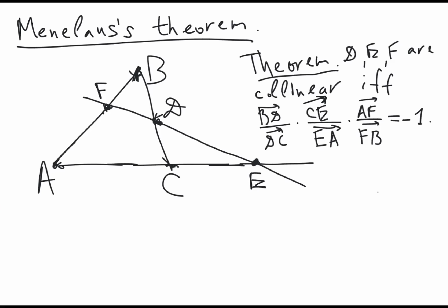Now I need to explain that, and this is again the same as in Ceva's theorem. Here we take the vectors and not just the segments. Notice that the vectors BD and DC are on the same line, so they can be either in the same direction or in the opposite direction.